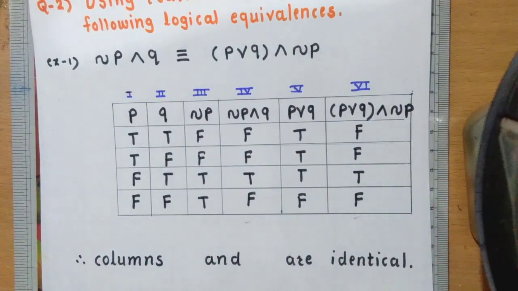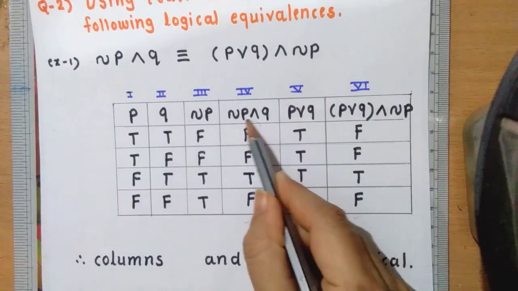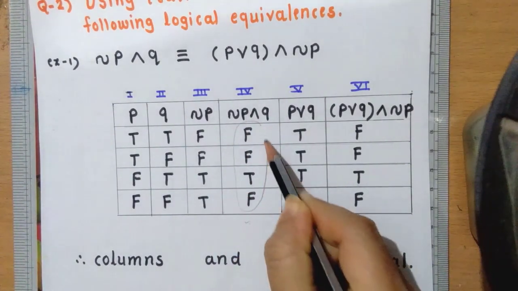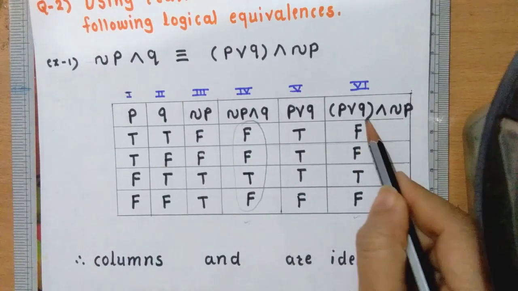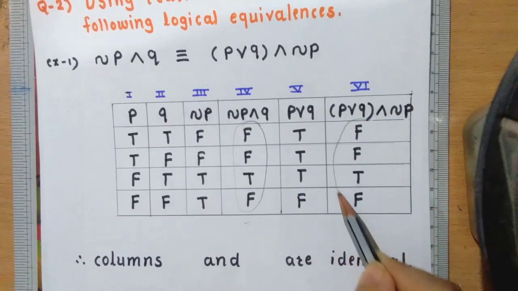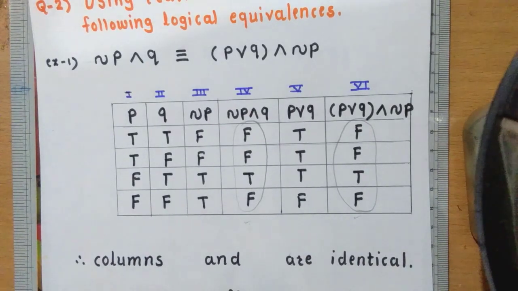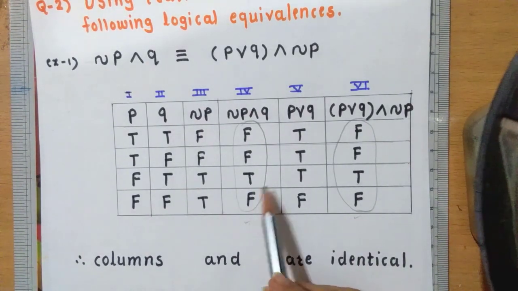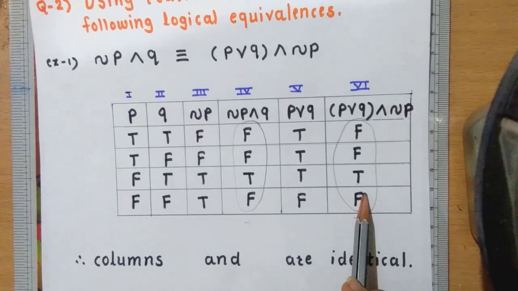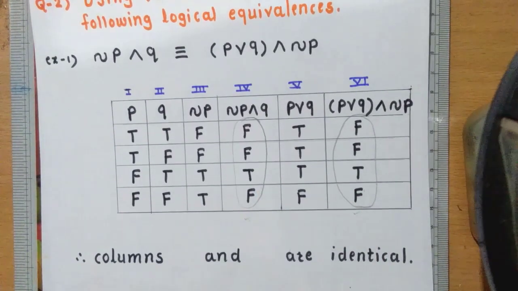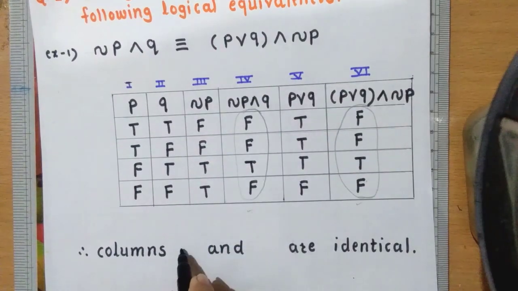Now observe the left hand side truth values F, F, T, F, and right hand side truth values F, F, T, F. These two are identical, and so we can say that this is logically equivalent to this. So we have to write here columns. This one is fourth one.